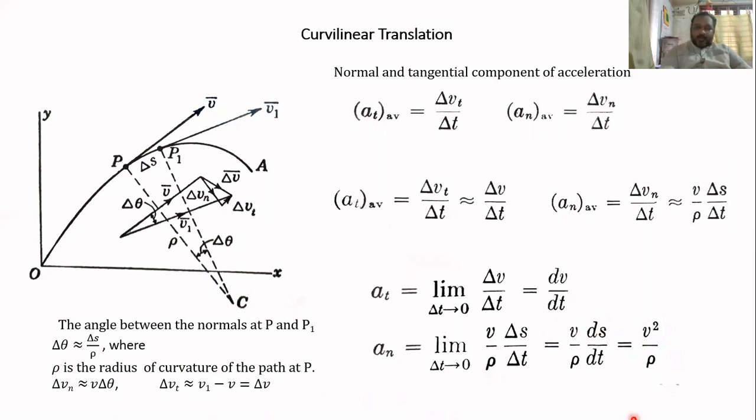For rectilinear translation, this component is 0.